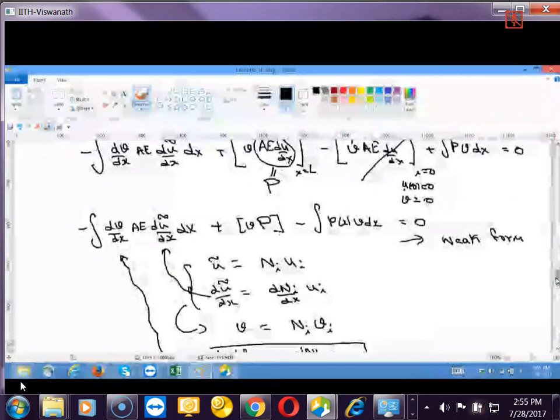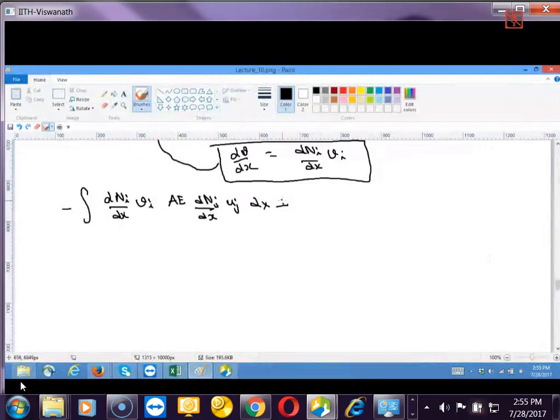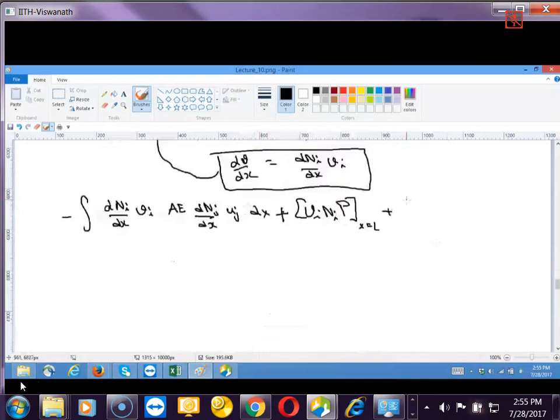This is a plus. vi Ni capital P, and because here it is v, you have to write this, but you need to know that this has to be evaluated at x equals L, plus small p vi Ni dx equals 0.